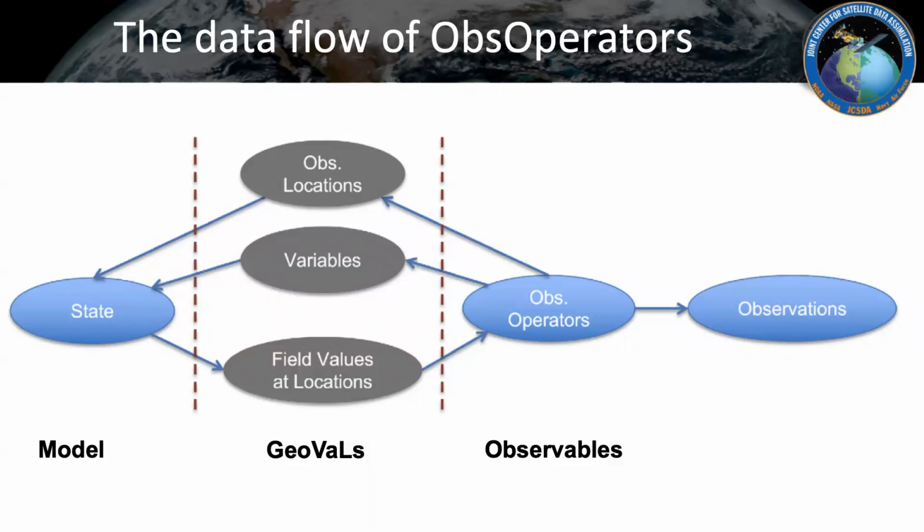So the operator needs to ask the model for data at specific locations. So it calls geovals to handle this. Geovals talks to the model, does the interpolation, and returns the data to the operator. It only does it for certain variables that the operator needs. And then once the operator has what it needs, then it can actually execute its operation.